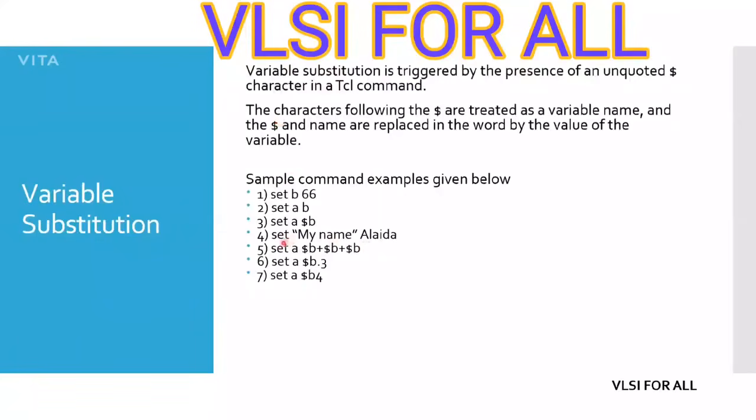In the chat, you can just mention the answers for all these. We'll test how much is the understanding, or if it's difficult, we'll review it. Just write the answers of 1, 2, 3, 4, 5, 6, 7. Let's see, what would be set to B? What would be set to A?